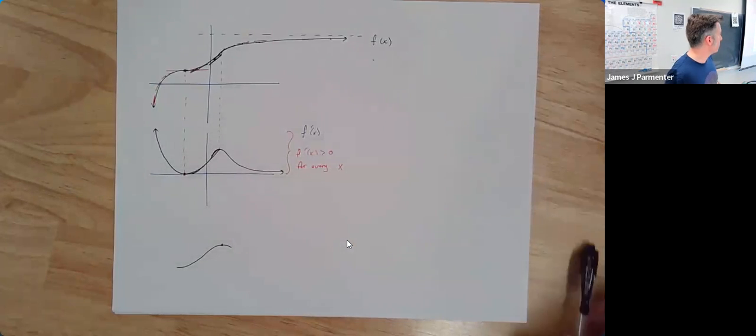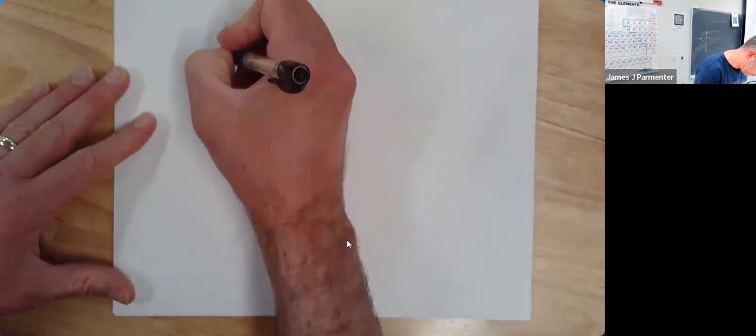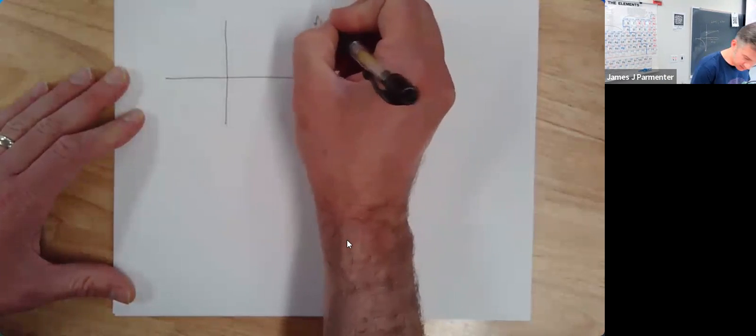But good question. Let's look at one more example, one or two more examples, and then we will move on to other things. So yeah, here's kind of a funky one. Here's my graph, or here's about to be my graph.